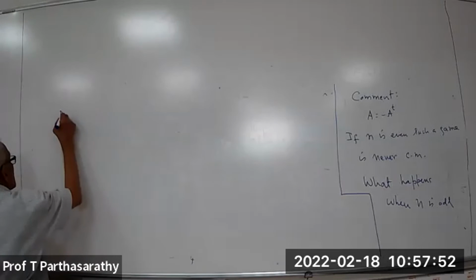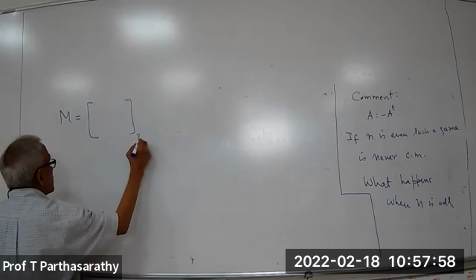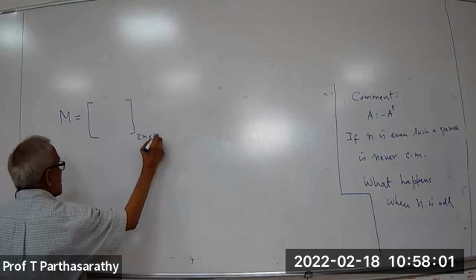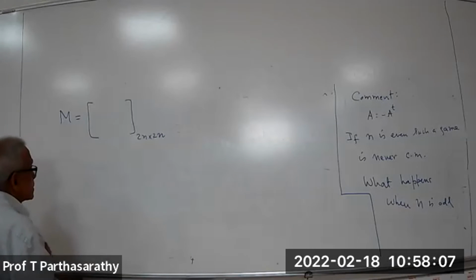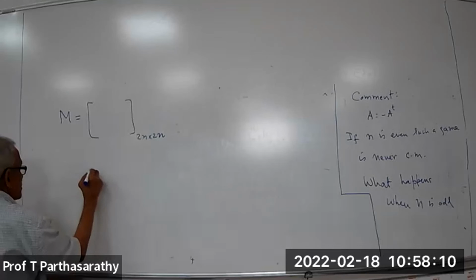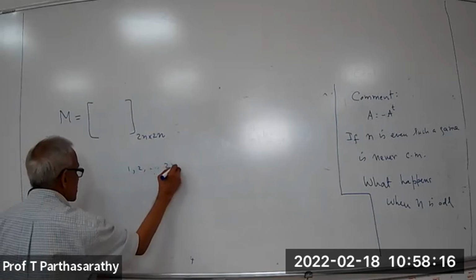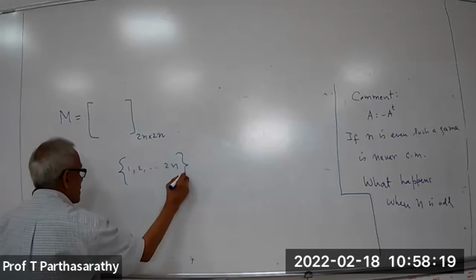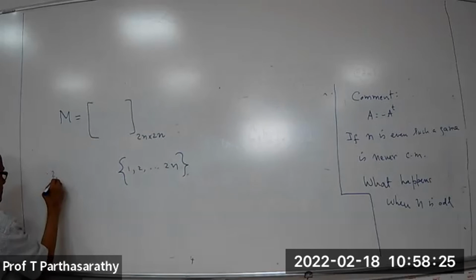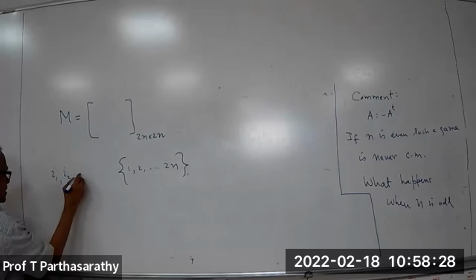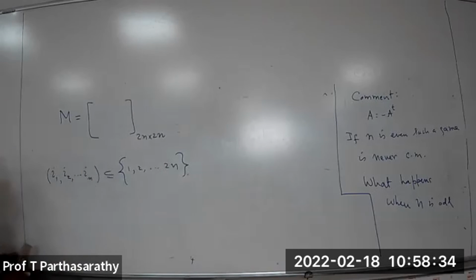M is of even order, 2n cross 2n. n could be 1, n could be 2, etc. So now I have 2n integers, 1, 2, etc., up to 2n. So this is the set. Now I'm going to take I1, I2, ..., In, a subset of this set.